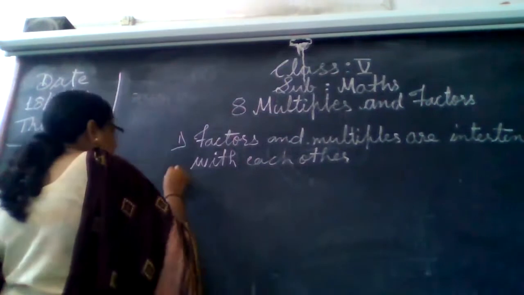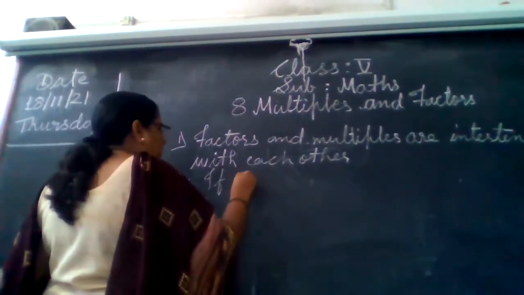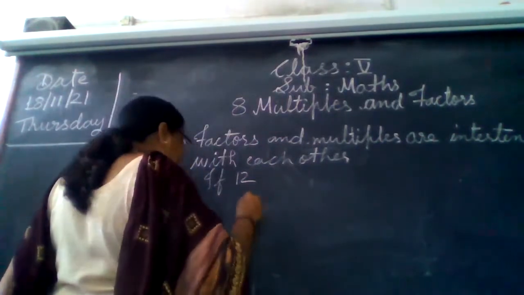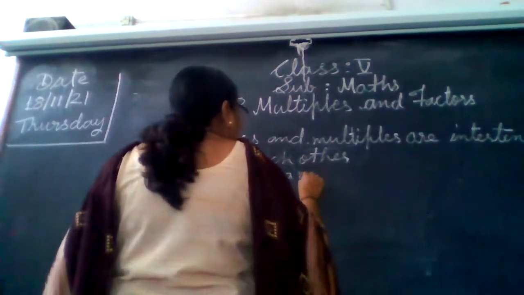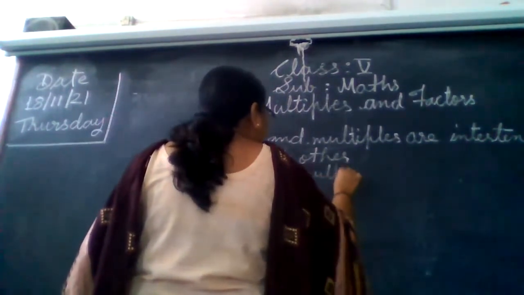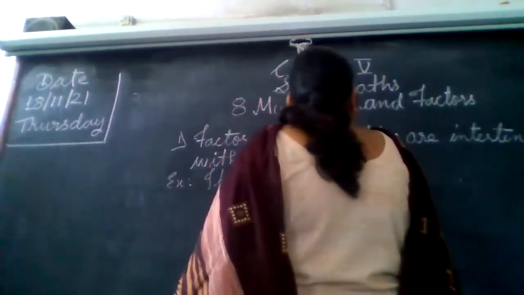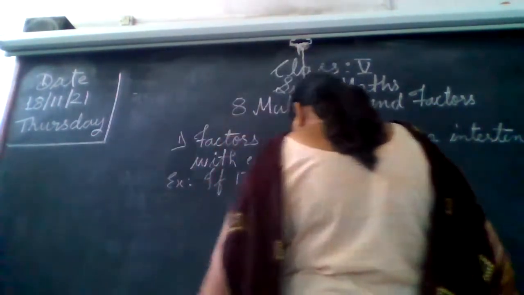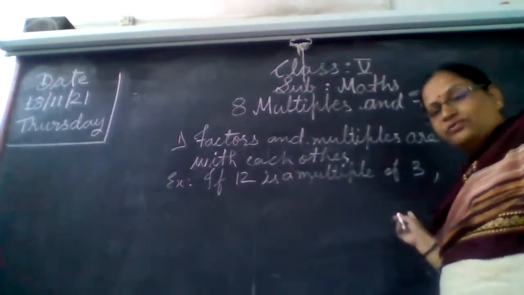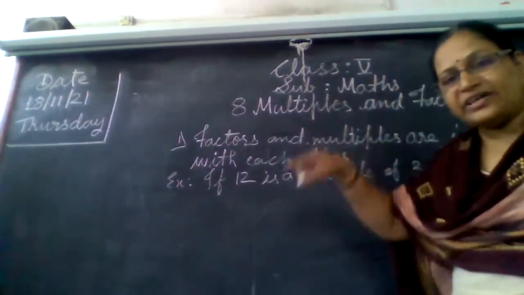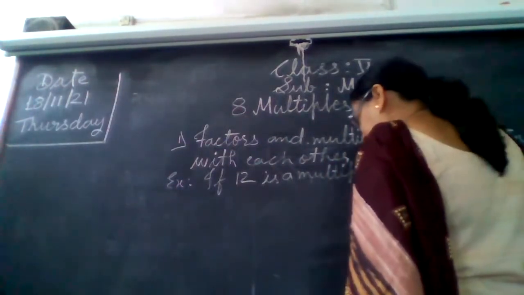For example, beta, if 12 is a multiple of 3, see, 12 is the multiple of 3 and 3 is the factor of 12.